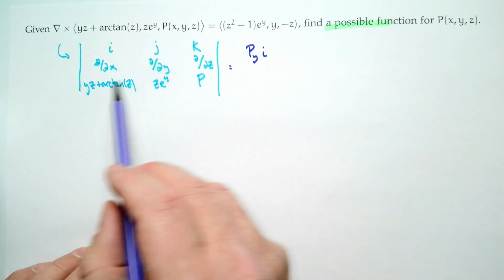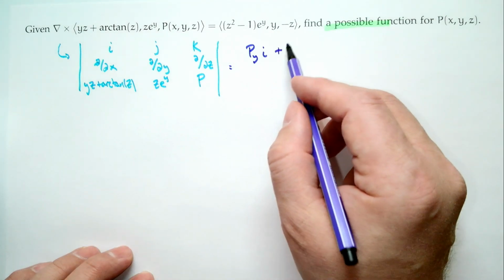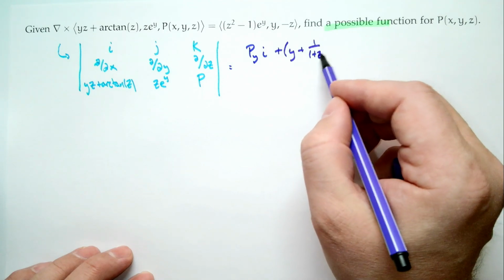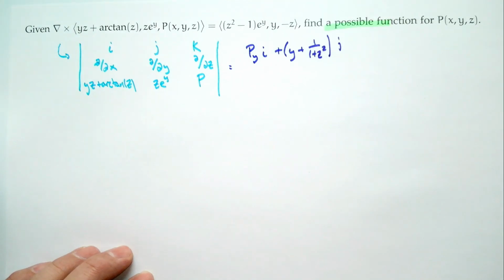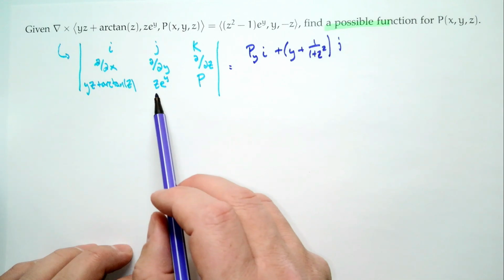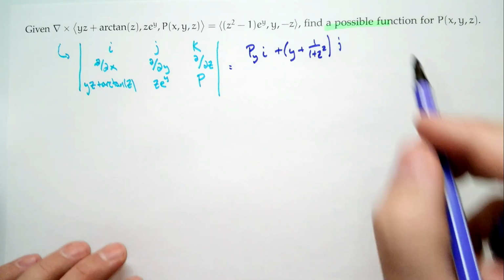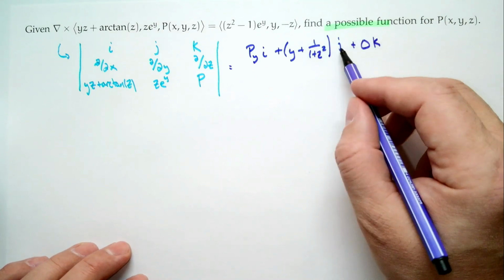So I want to take the derivative of yz plus arctangent z with respect to z, and that's going to give us y plus 1 over 1 plus z squared in the j direction. k, partial x of z e to the y. Well, there is no x, and therefore that derivative is going to be 0. Gone. But I'll go ahead and write a 0k just so I feel good that I didn't forget anything.